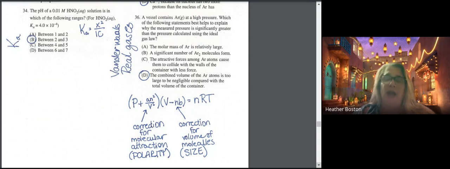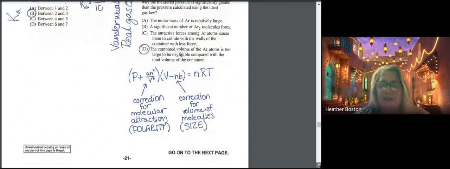When you're looking for gases that are going to behave more real, less ideal, you're going to look for larger gases with larger molar mass and polar molecules. Argon is a bigger molecule, so the gas particles have volume themselves. So the correct answer is D.